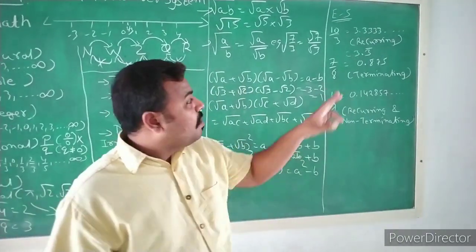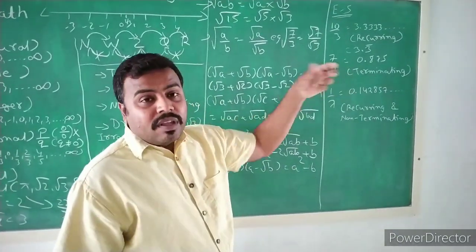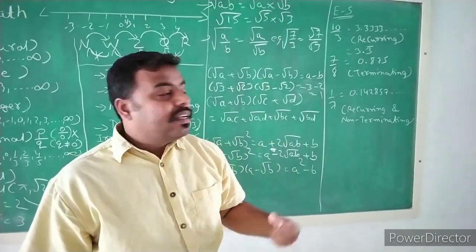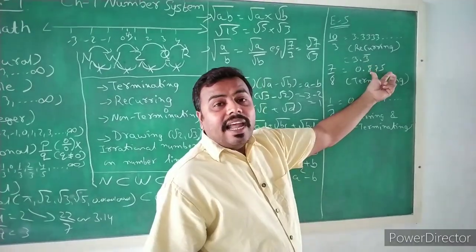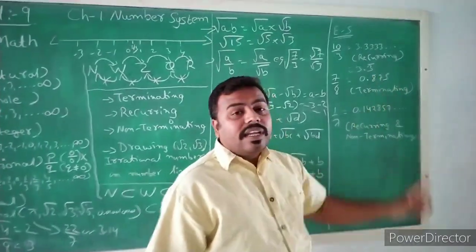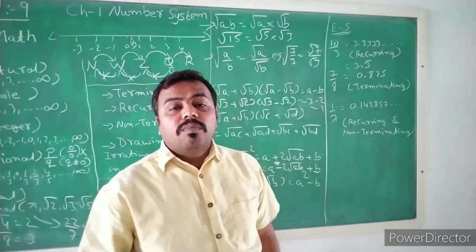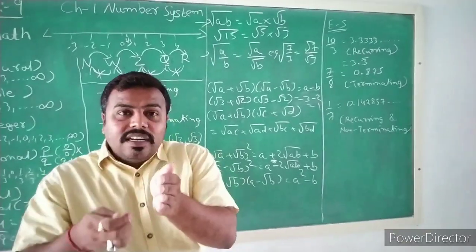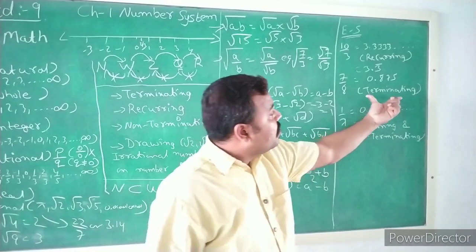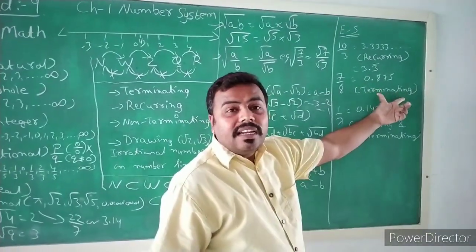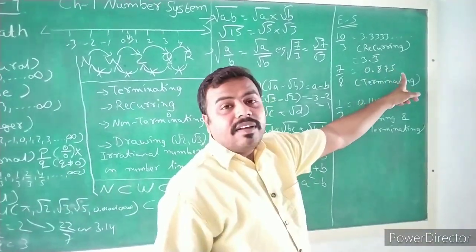Now second example, 7 divided by 8. When you divide 7 by 8, after decimal point that there are 3 values at the end, in such numbers you will get remainder 0. Means your division after having some values, it gets cancelled out. Such numbers are called terminating numbers, that is 0.875.